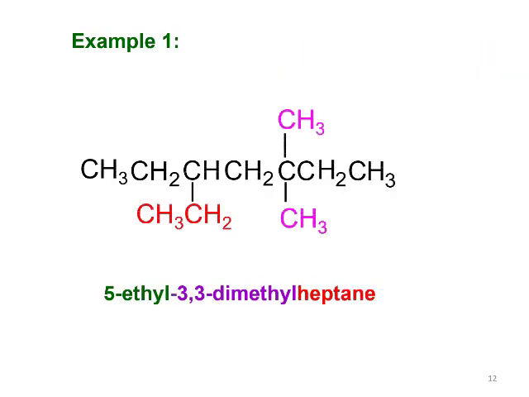Example 1. The name is 5-ethyl-3,3-dimethylheptane. We should write ethyl first, followed by methyl, because di is ignored.